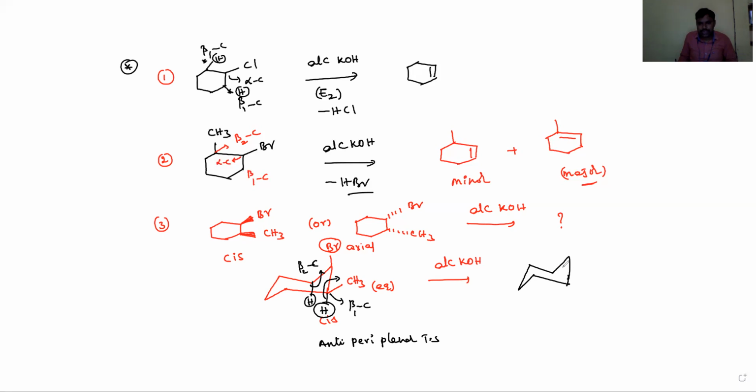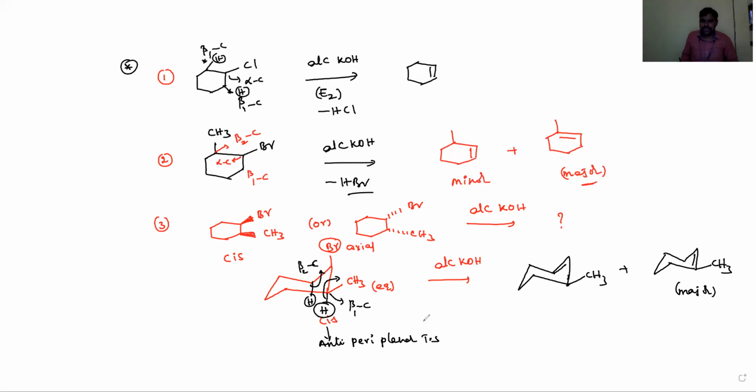What are the two products, dear students? This is one product, and another product is this, with CH3. So this is the more substituted one, and it is the major product because the hydrogen atom and bromine atom are in an anti-periplanar transition state.